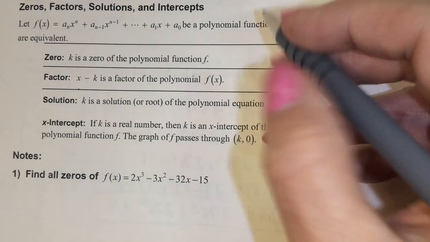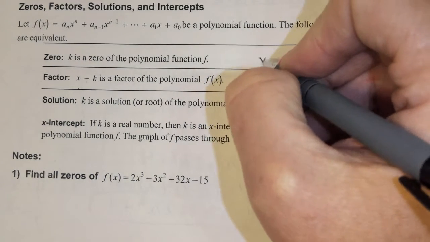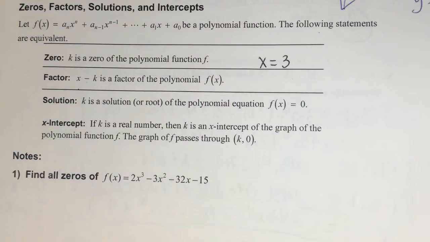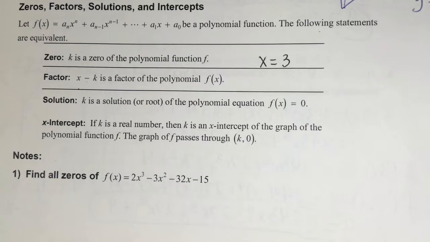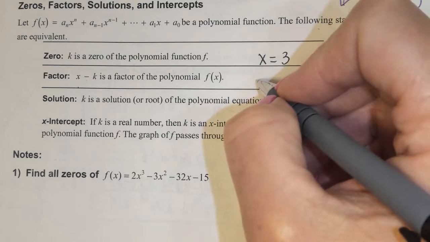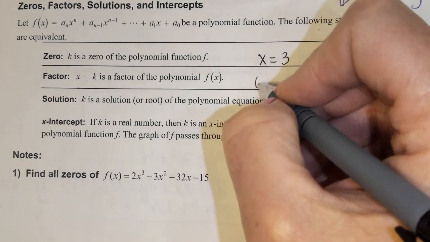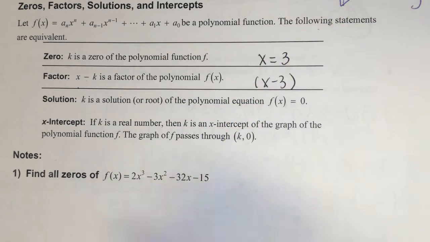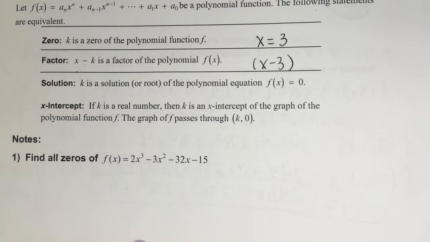For example, let's say that we have x equals 3, and that's going to be a 0 of the polynomial. How would that look as a factor? X minus 3. Good. So that's all we're saying there, is that those two are related. If something's a 0, x minus that value has to be a factor.